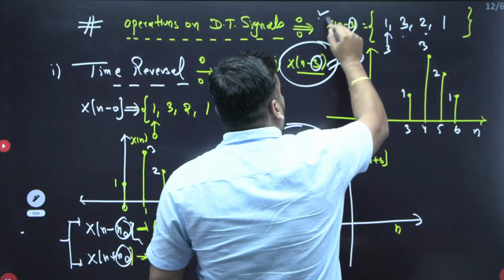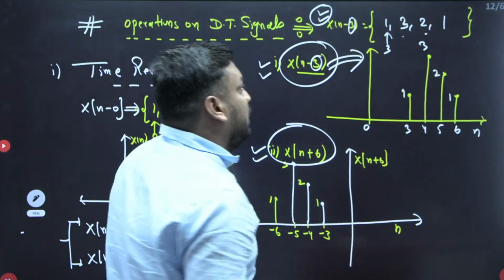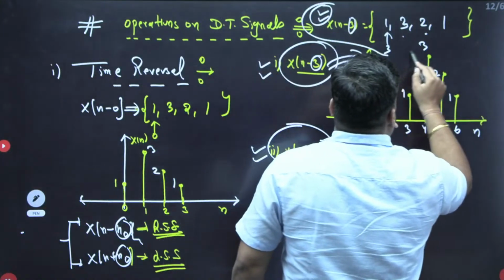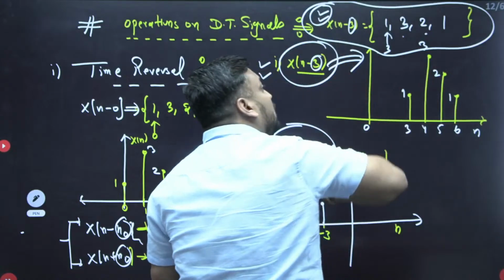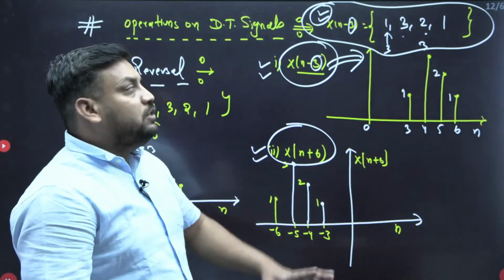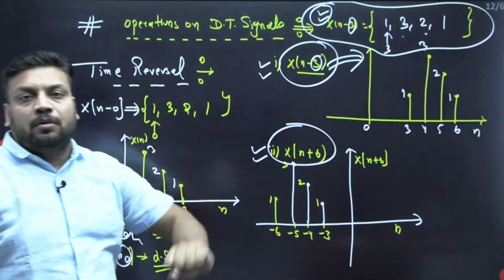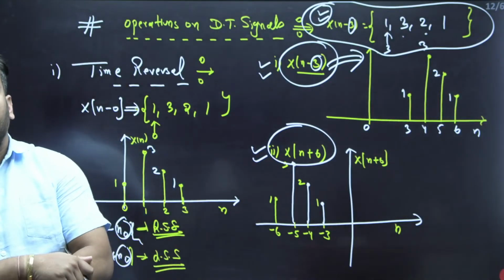This is x of n minus 3. Now here you can save your time, and this is the best approach to perform shifting as far as discrete time signals are concerned. We should always give preference to the sequence representation as far as operations are concerned in discrete time signals.